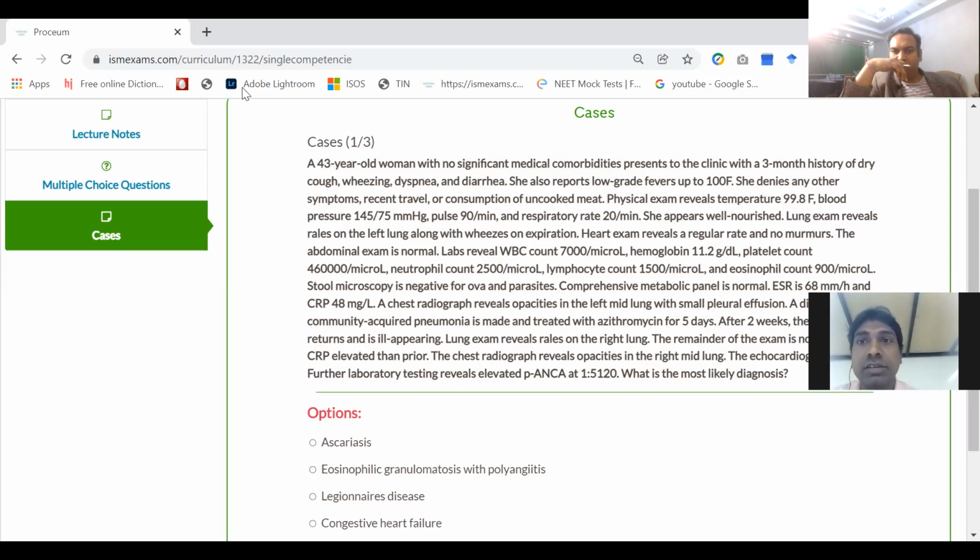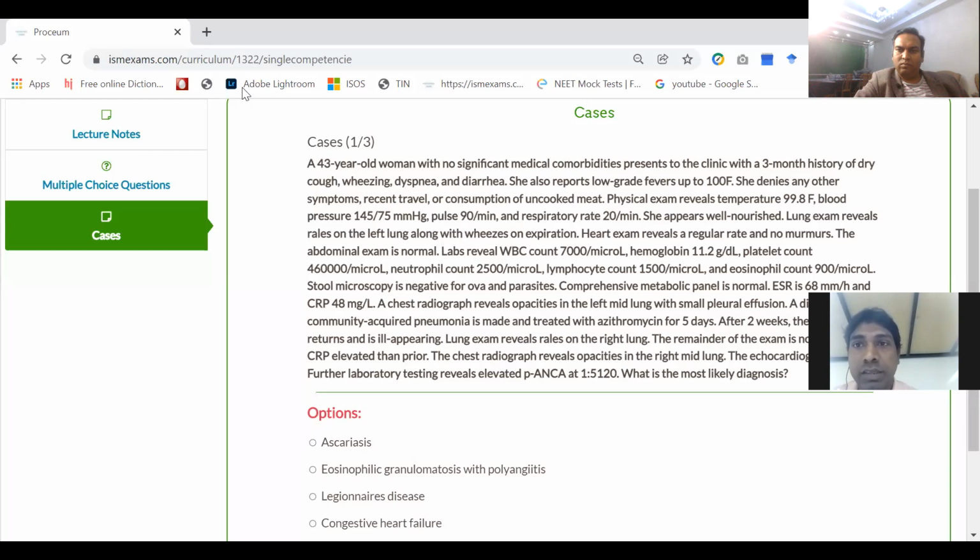A chest radiograph reveals opacities in the left mid lung with a small pleural effusion. A diagnosis of community acquired pneumonia is made and treated with azithromycin for 5 days. After 2 weeks, the patient returns and is ill appearing.